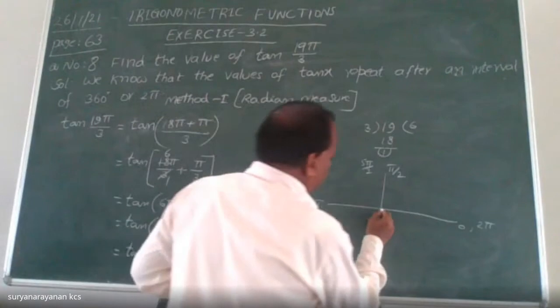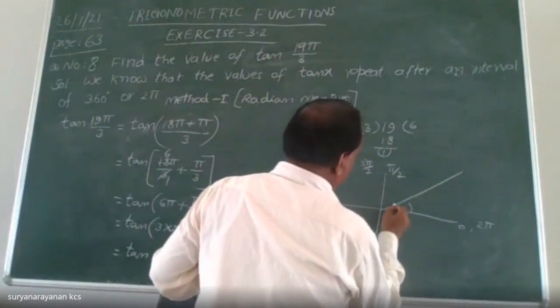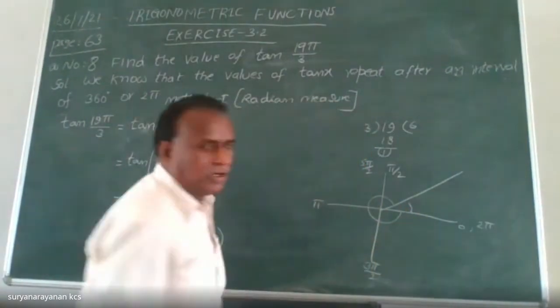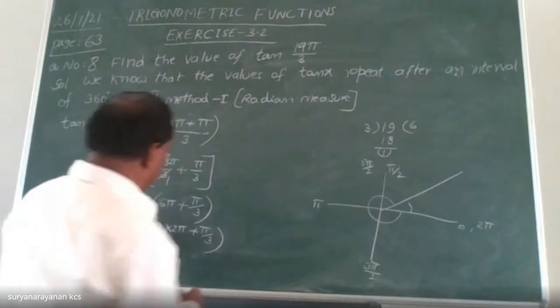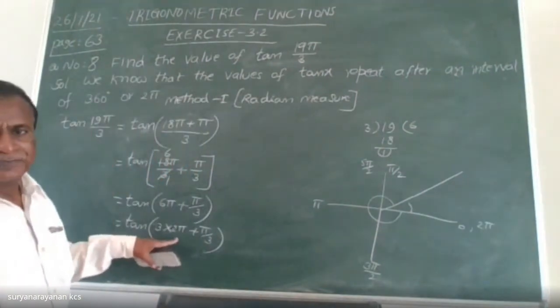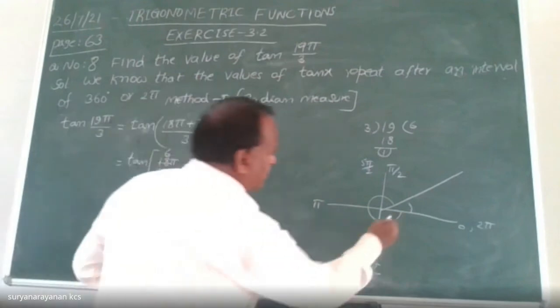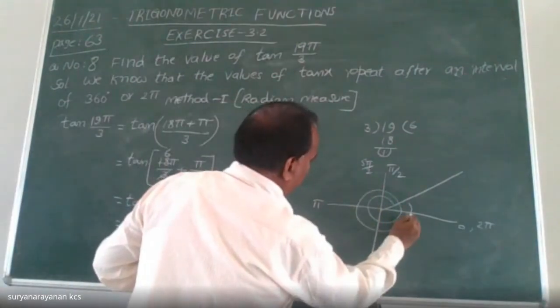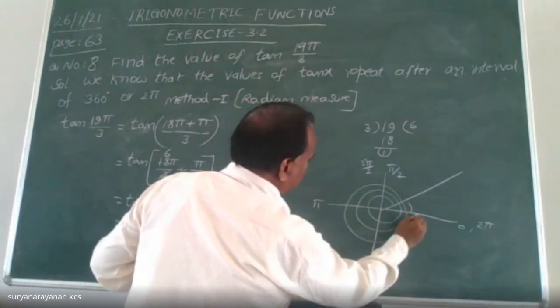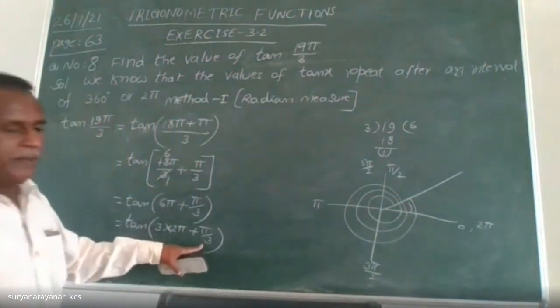Again in the first quadrant, after one revolution is over, 3 times this angle is rotated completely. One revolution, second one and third one, after completing, plus pi by 3.